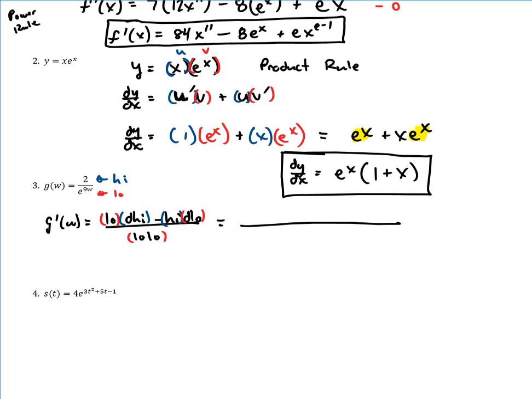Okay, so my low is e to the 9w. So I have e to the 9w, like that. And then times the derivative of the high. Well, the derivative of 2 would be 0. And then we have minus the high function, which is just 2. So we have minus 2, times the derivative of the low function.